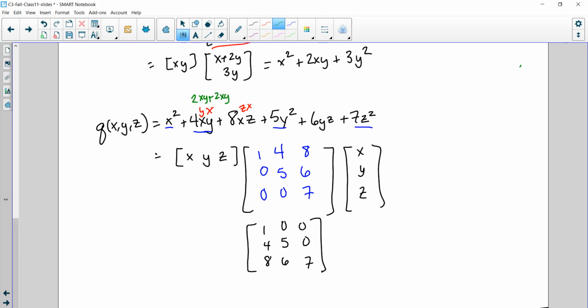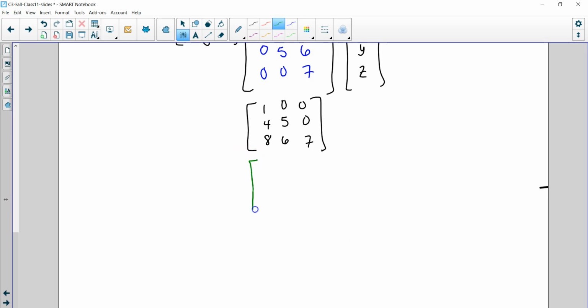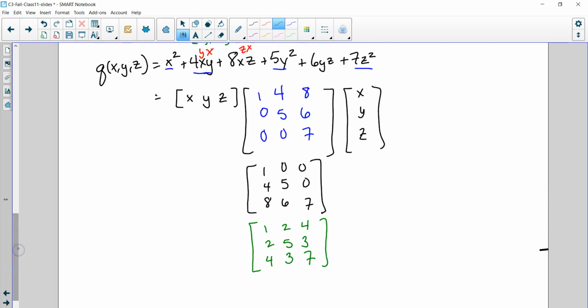It just so happens that I could have also had 1, 5, and 7 still along the diagonal, but then split the 4 among the x and y components, and then the 8 would be split as 4 and 4, and then 3 and 3. So at the end of the day, I could have written it as that first one. The other ones would have been just as valid because I don't have any further information.